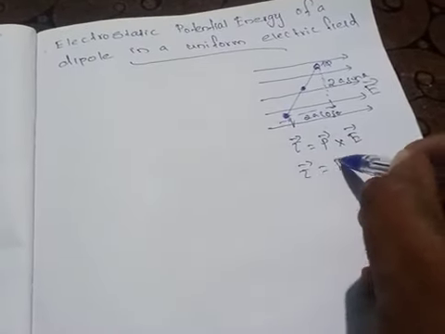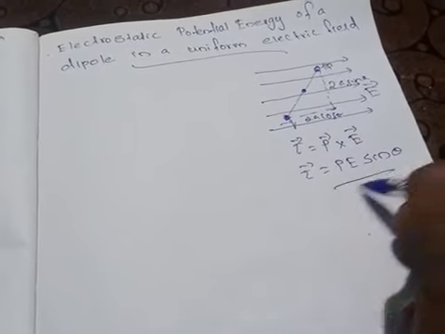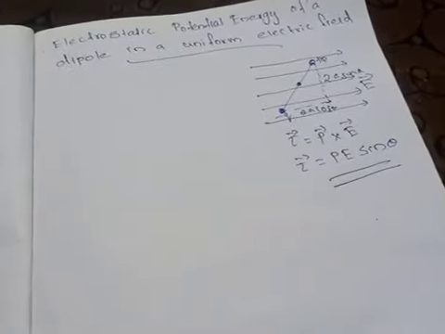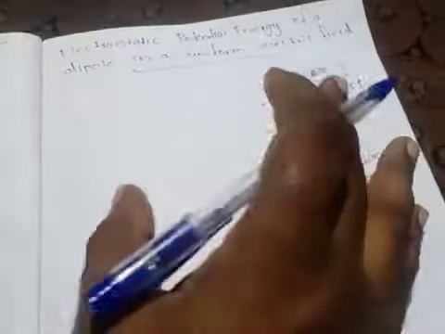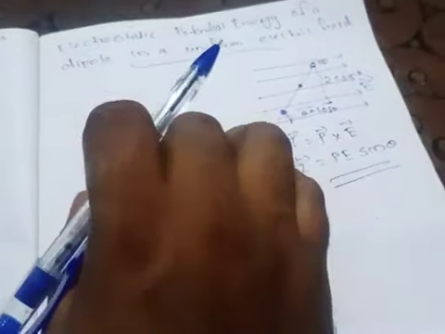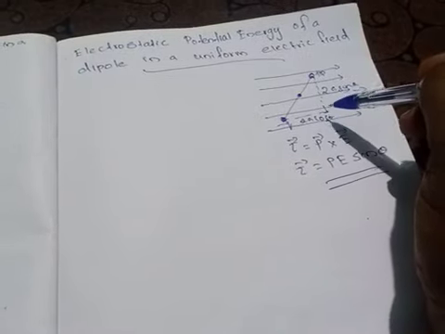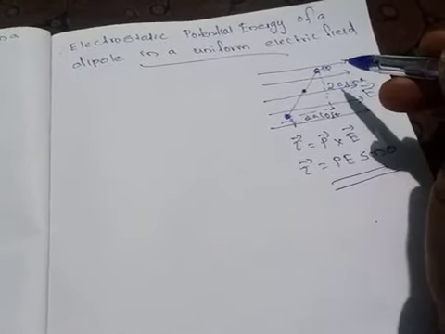Torque is equal to pE sin theta, you have learned. So this is the torque formula, and based on this we are finding the electrostatic potential energy of this dipole when it is kept in a uniform electric field.